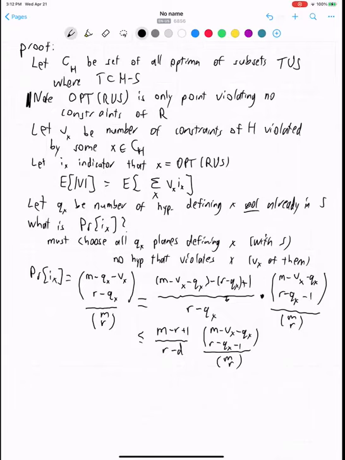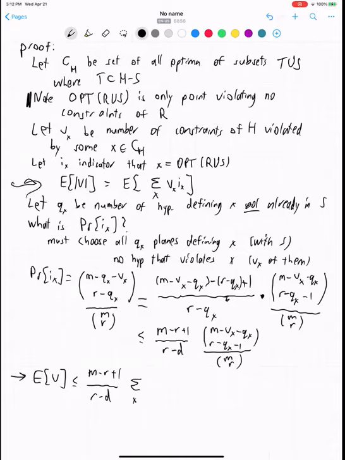So this tells me that the expected value of V, now I've got a probability for Ix, so I can write my expectation as at most the thing that I got here. You'll notice that this is fixed. It doesn't depend on Ix, but now I sum over everything and go back to this expectation up here, right?